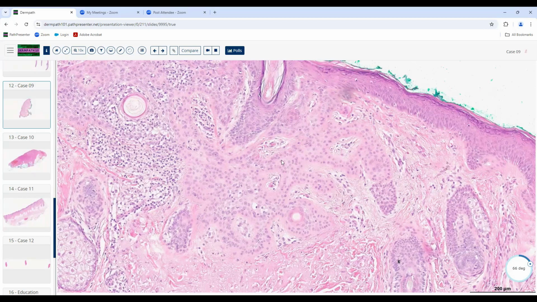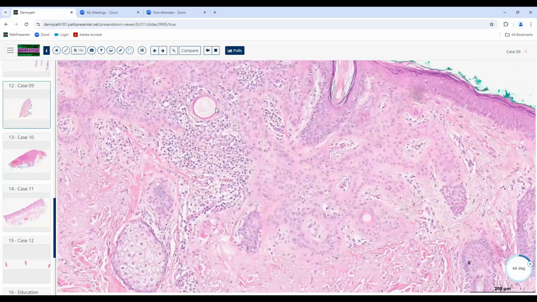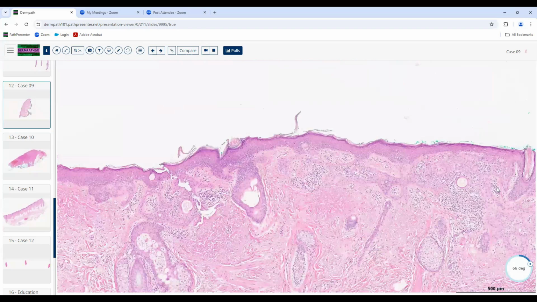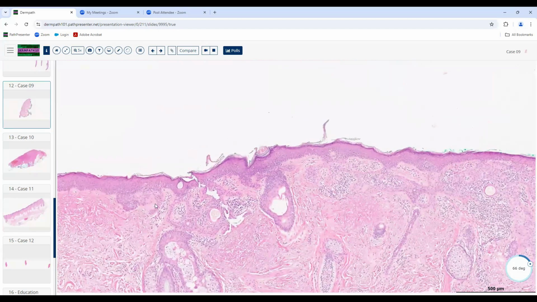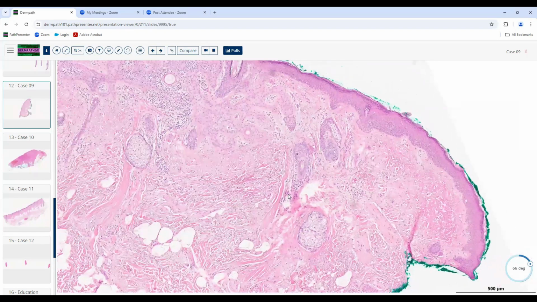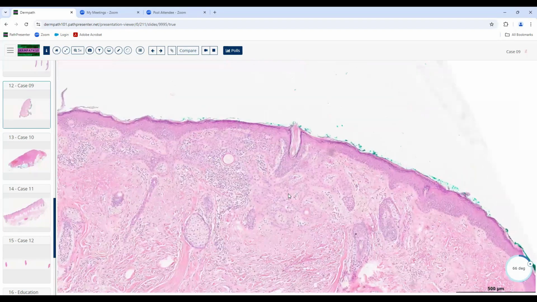These little strands of these cells have these little bizarre single cells that are the primitive germinative follicle cells, sort of analogous to these cells right here. Here's a little tiny primitive infundibulum, if you will. And notice that this structure is oriented in a horizontal fashion over a relatively broad front, as you see here. So this is a nice example of what we call a tumor of the follicular infundibulum.